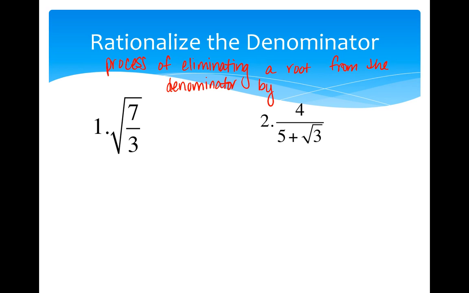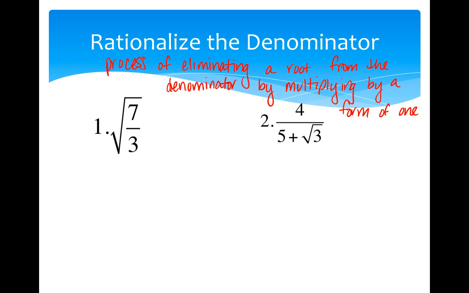You're going to do so by multiplying by a form of 1. So we're not allowed to leave roots in the denominator and have something be in what's considered simplified form. So we need to eliminate any roots that we have there.